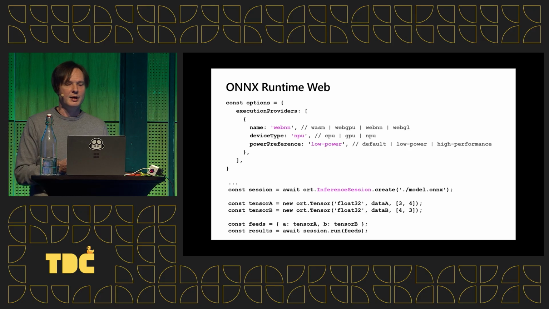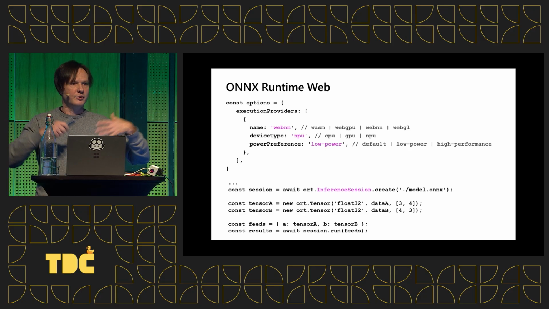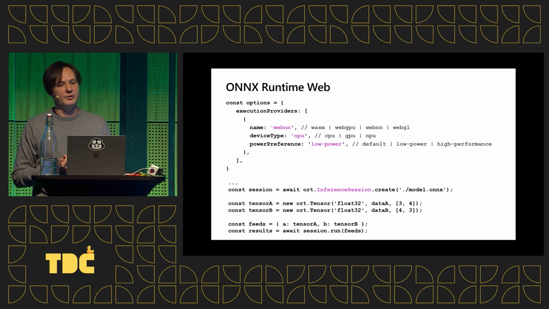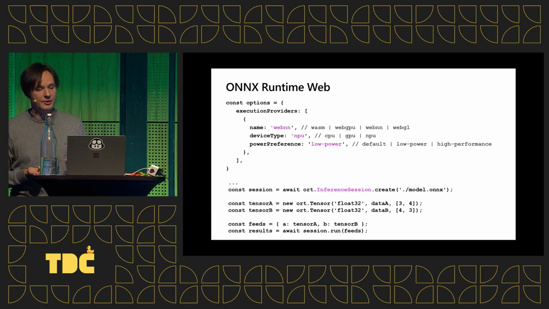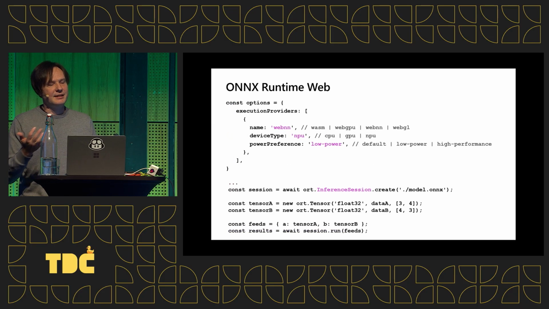It's kind of a predecessor of WebGPU. Or WebAssembly for maximum compatibility. You can even choose the device type and what kind of power preference you want to have for this particular workload. But again, this is still a very generic inference session. It's not kind of practical, right?